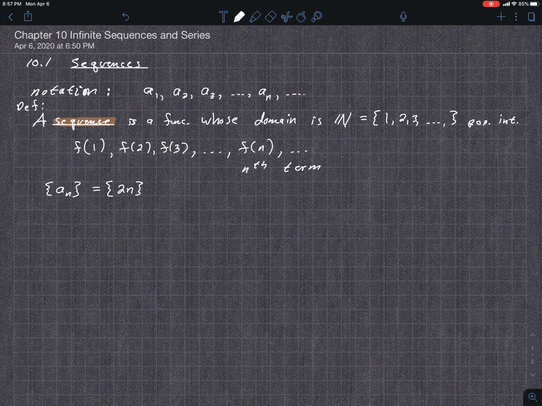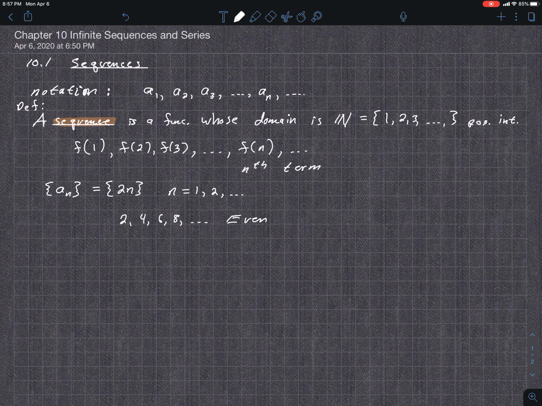As n goes from 1 indefinitely to infinity, you have the different terms of the sequence. The fifth term would be 10, right? If you listed out the terms, you'd have 2, 4, 6, 8, etc.